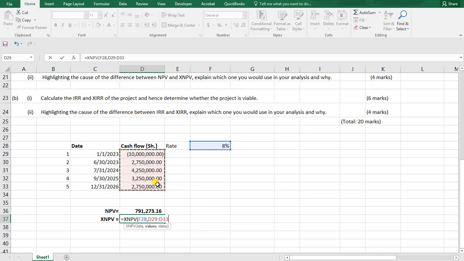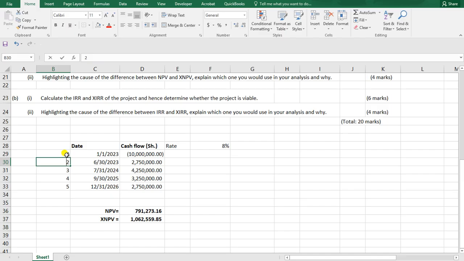And basically our dates, we have our dates here, so comma, from year 0. So tab. You'll find that according to our case, this is year 0, and we're having year 1, year 2, year 3, and year 4.